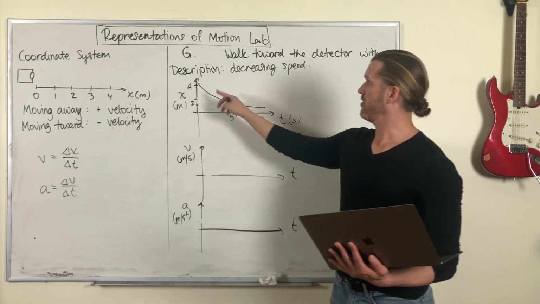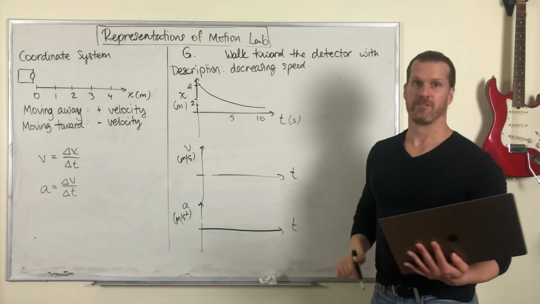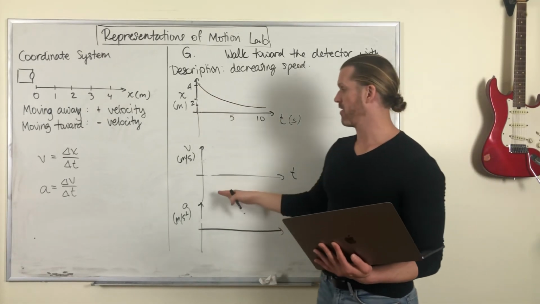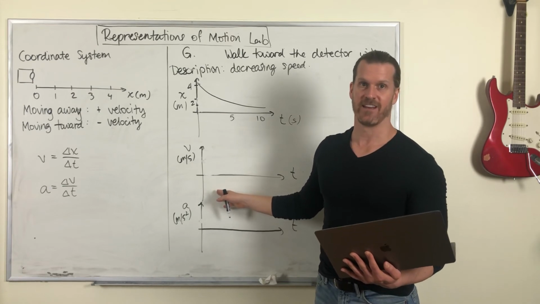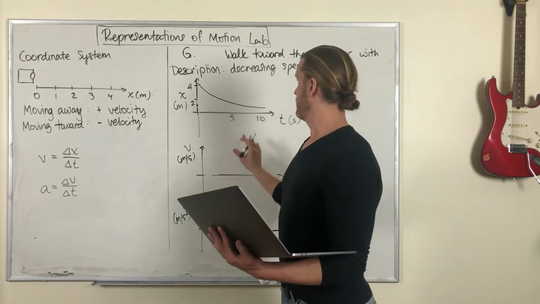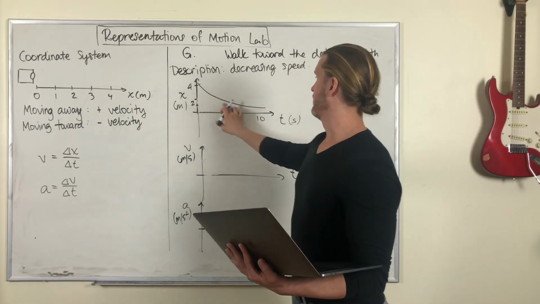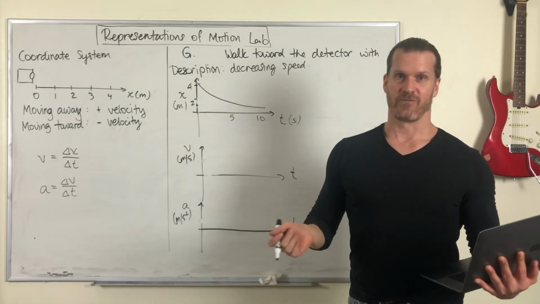The other fact we know is that you start out fast and get slower. So we need to start out with a large negative velocity and end up with a small negative velocity. And the third fact is this is a parabola, so velocity is going to be a straight line.